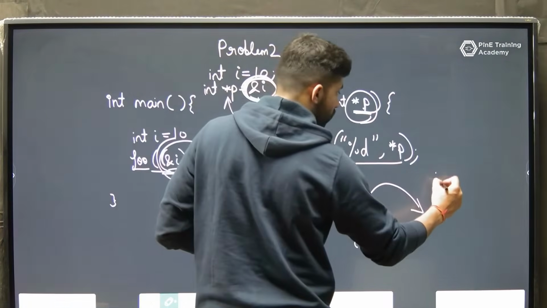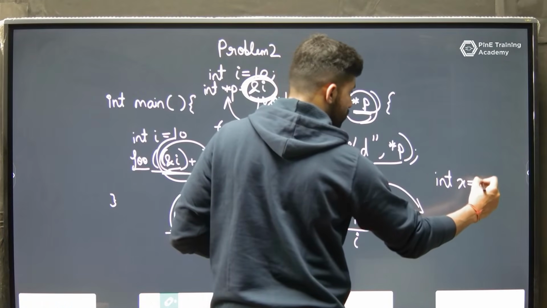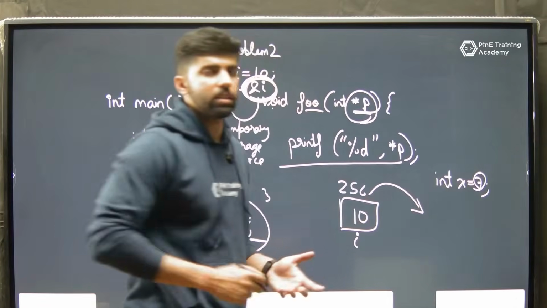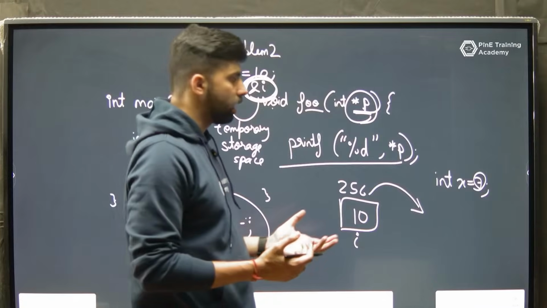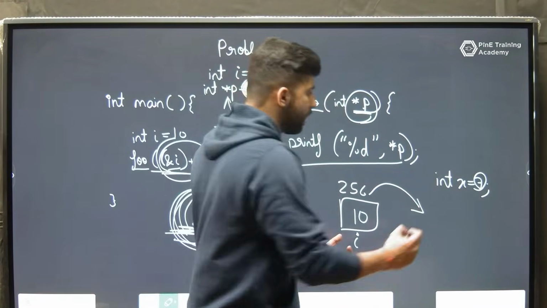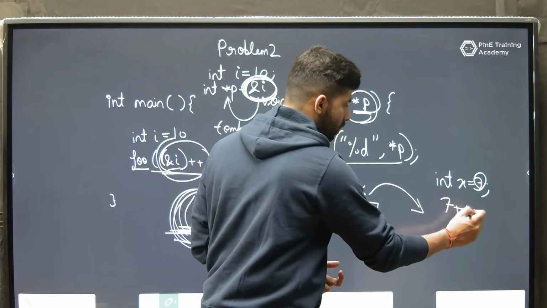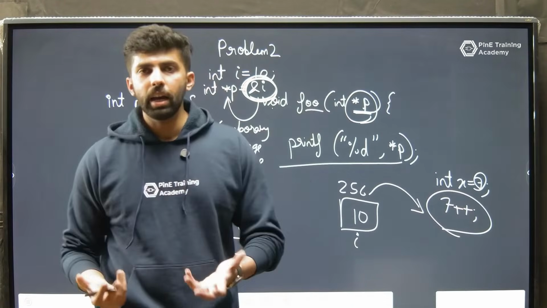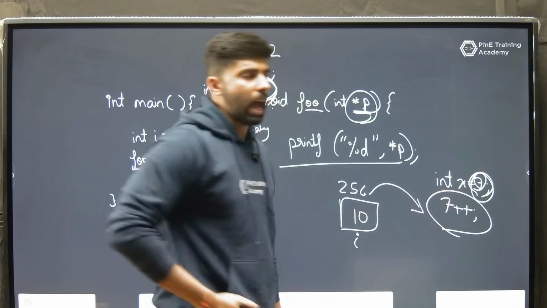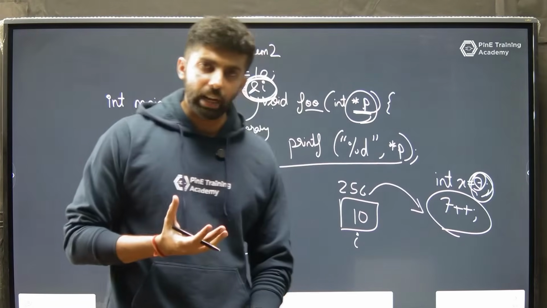Similarly, if you do int x equals 7, the 7 itself is nothing, right? If I try to write 7 plus plus, it will give me an error because this 7 is actually a temporary storage.